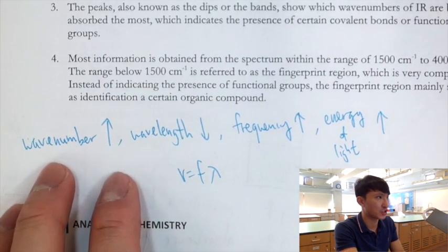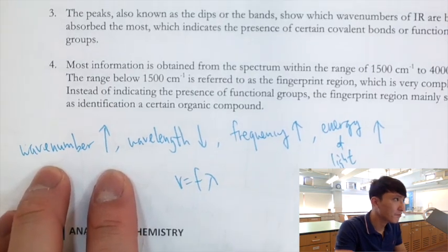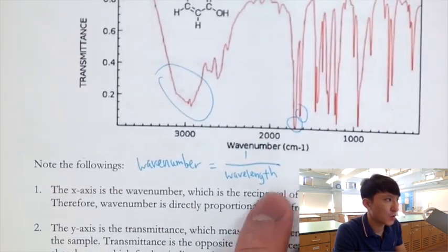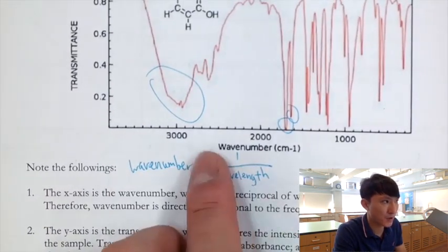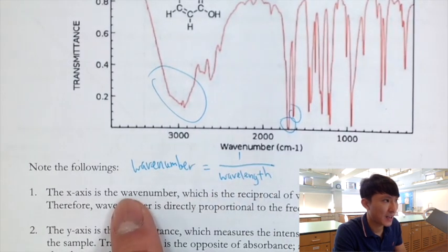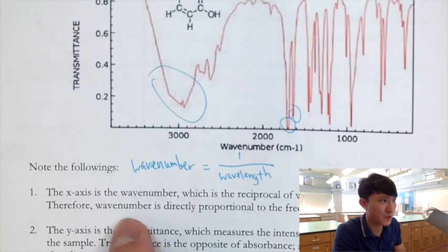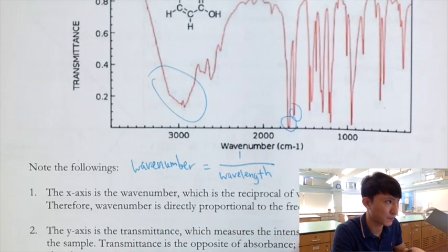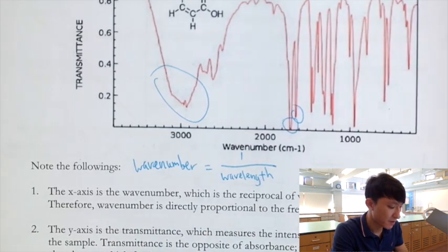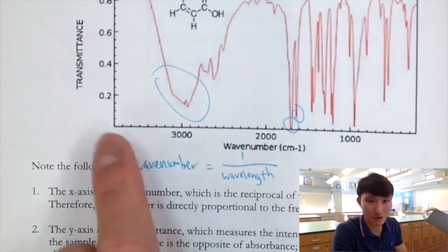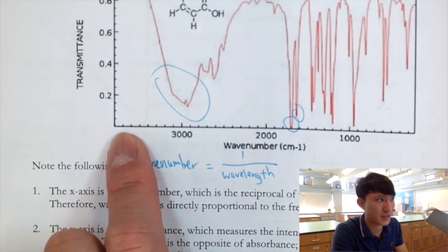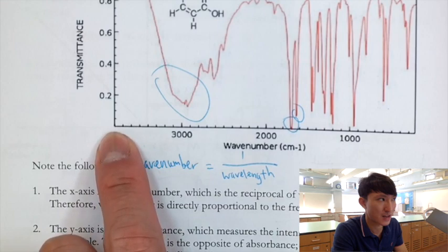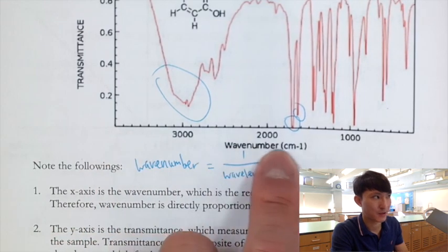Now, going back to the top here. First the x-axis, the wave number. That's why I said wave number is directly proportional to the frequency of light, as I have derived down there. Also pay attention, usually for a graph, the zero should be here, and then the numbers go larger towards the right-hand side.